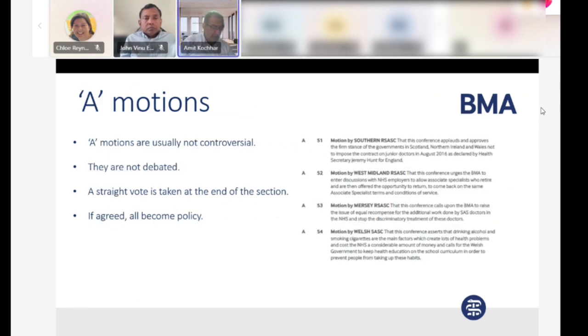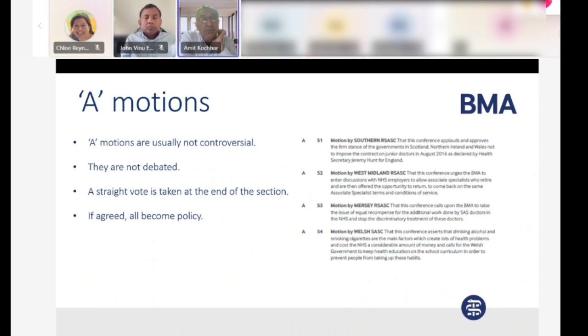A motions. A motions are those that are non-controversial, which is something we don't debate. There are about 5 or 6 A motions, and then we vote on them as a block, and they become policy. Mostly, these are motions that have either been policy in the past.